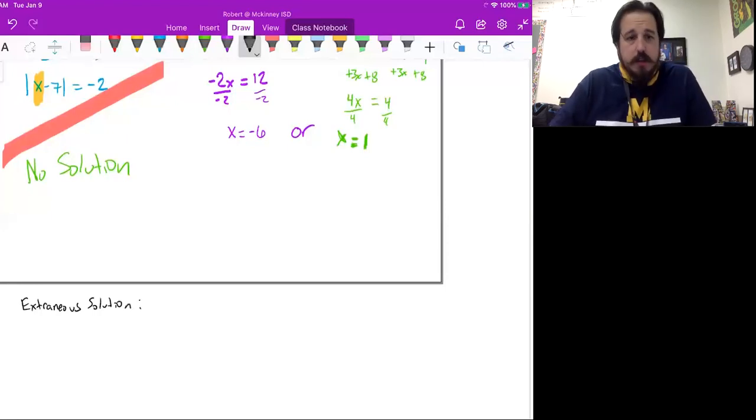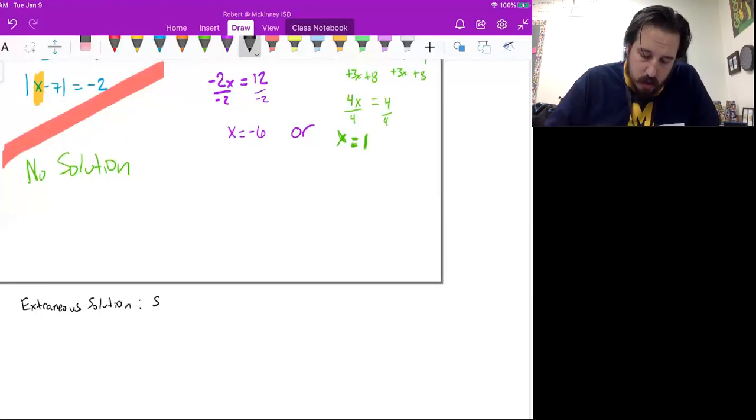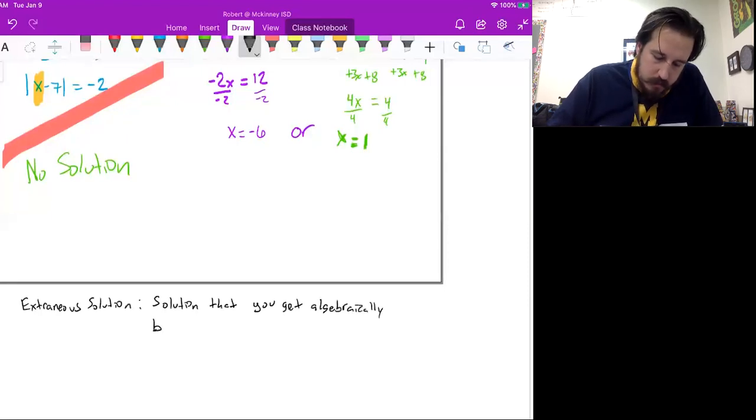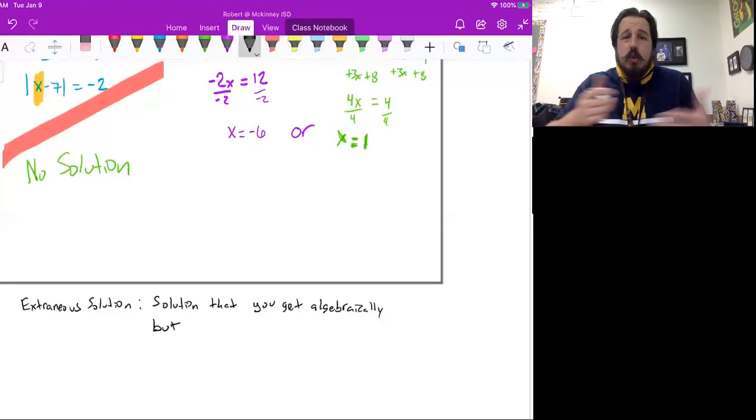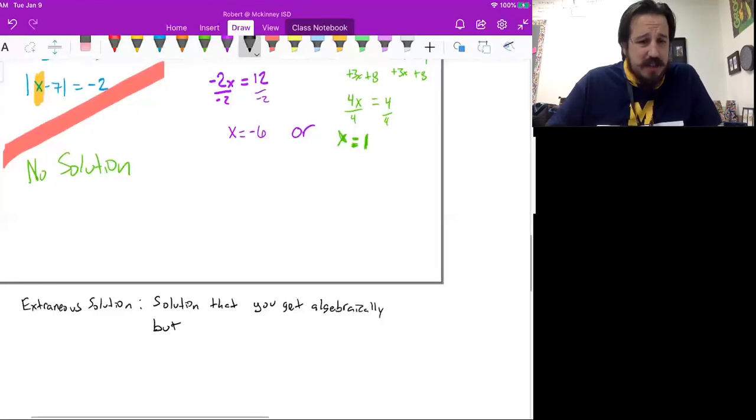An extraneous solution is a solution that you get algebraically, but when you use it, it doesn't work.